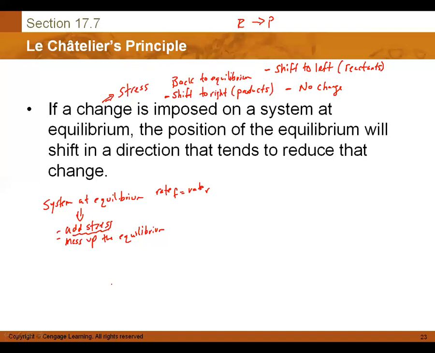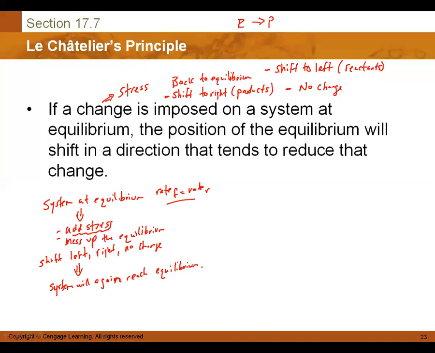It's going to either shift to the left, shift to the right, or have no change, and that allows the system to reach equilibrium again.